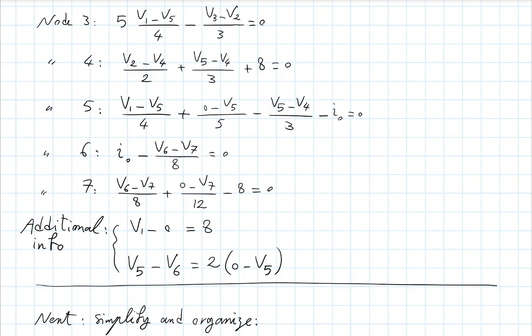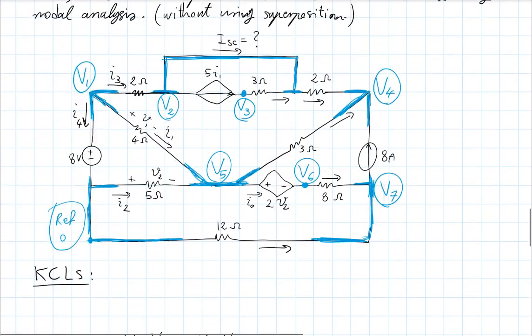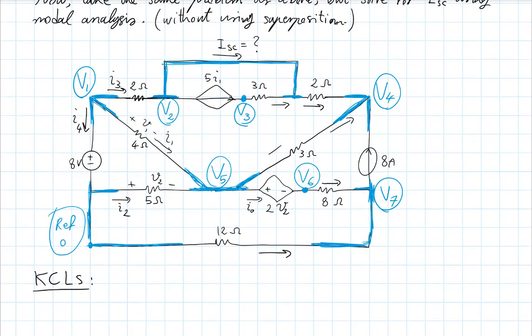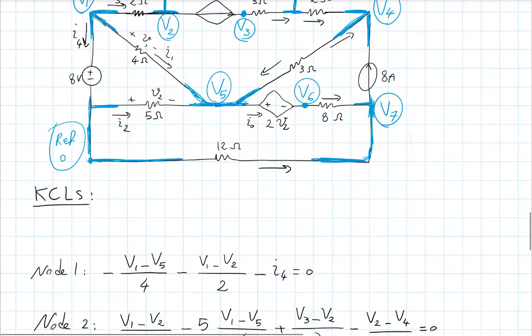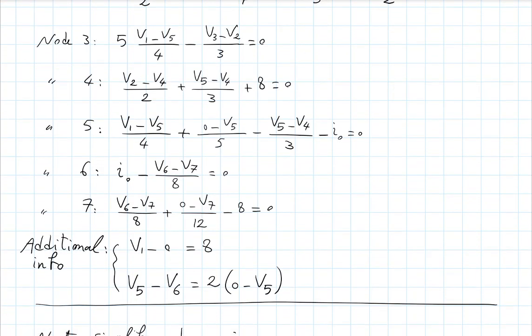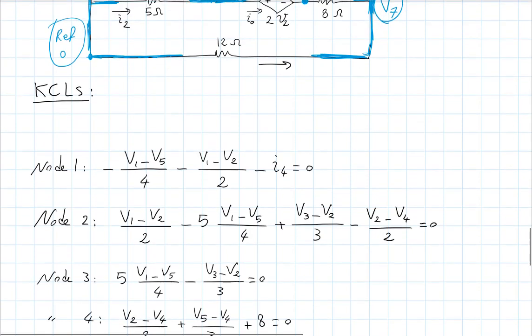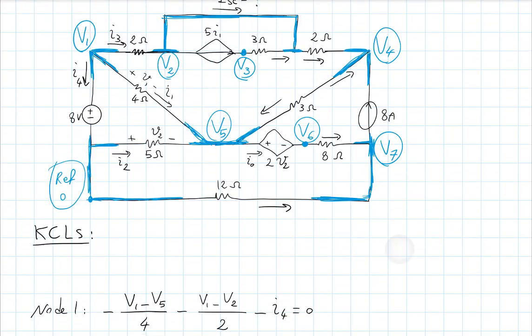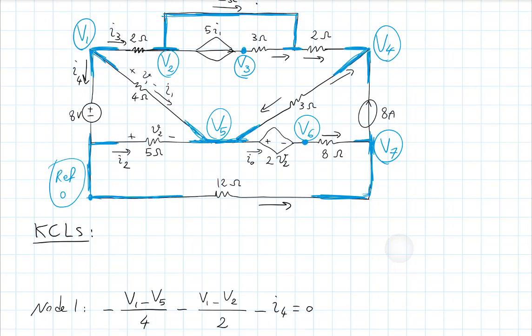Now, if I had chosen this direction instead, here I would have a plus sign instead of this minus sign. But then instead of V5 minus V4 divided by 3, I'd have V4 minus V5 divided by 3, because this current is the reverse of the original voltage divided by 3.